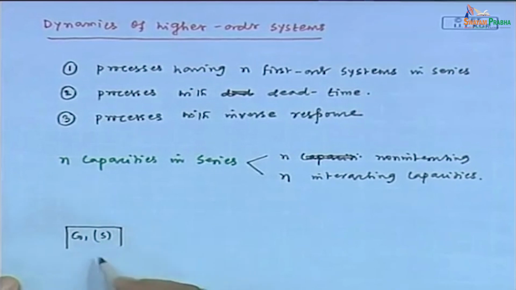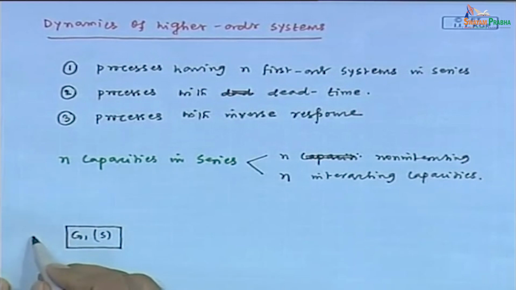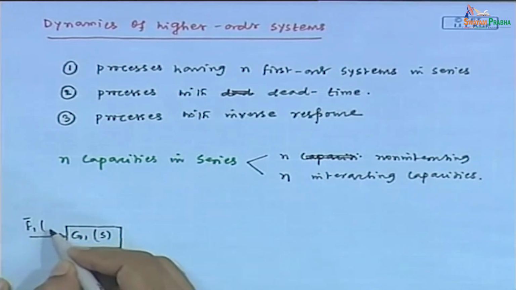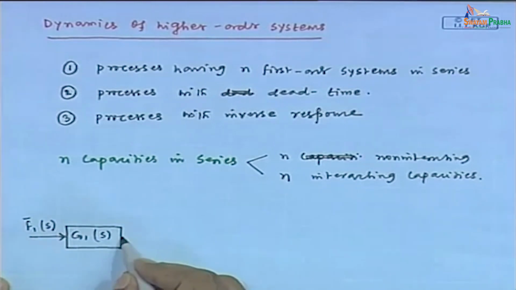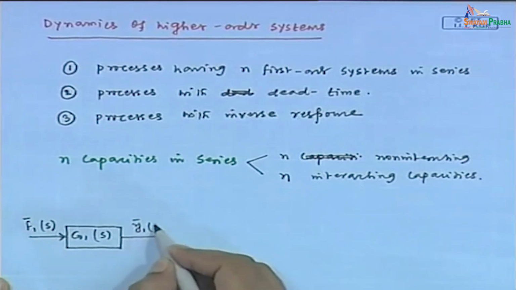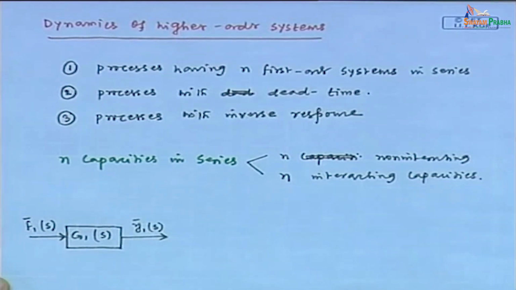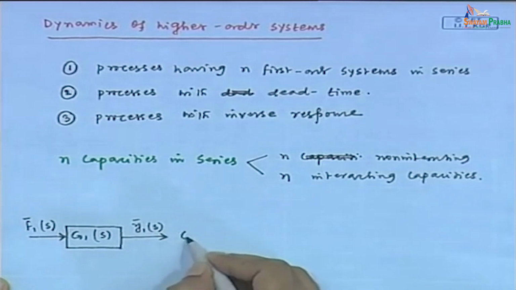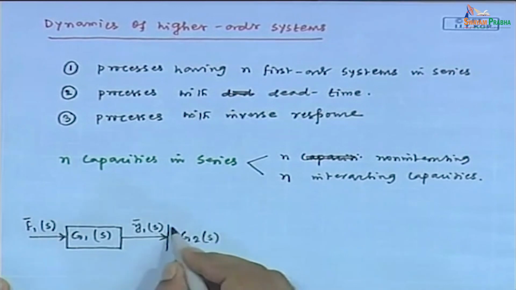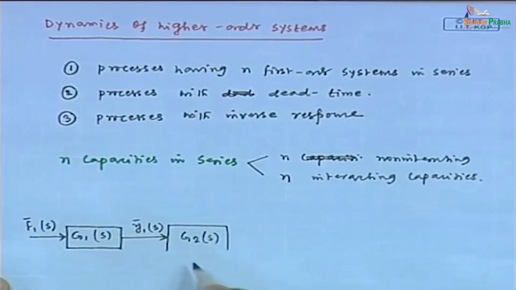The transfer function of the first system is G1(s). Input to this transfer function is, say, F1 bar(s). Output of this first system is Y1 bar(s). The second first order system has the transfer function of G2(s).